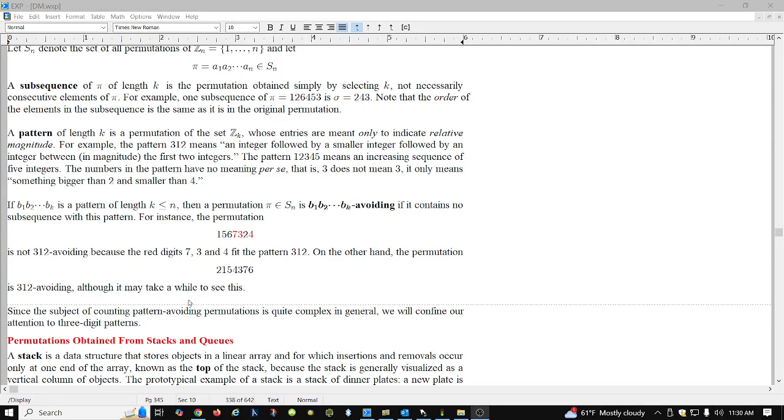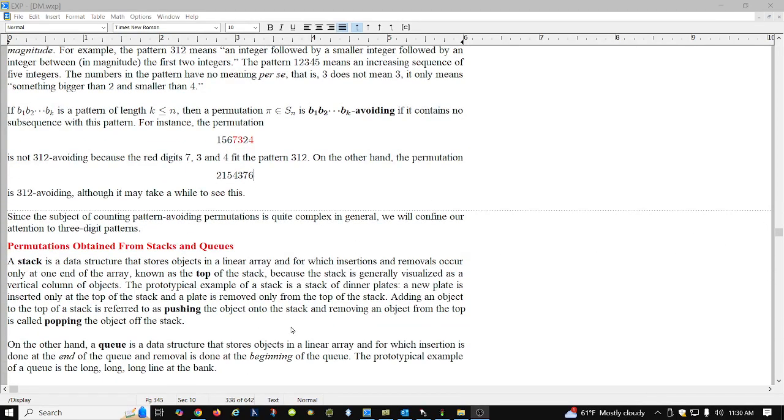Now, one approach to understanding pattern avoiding permutations is to borrow some topics from computer science, some data structures. So let's look at those now. You may be familiar with this if you've had a class in computer science.